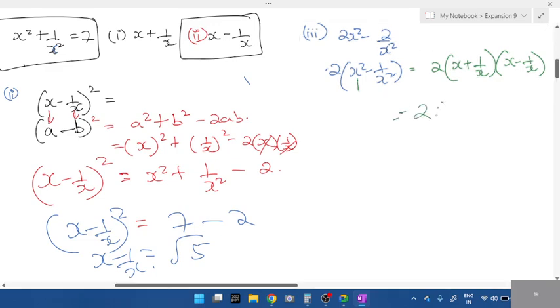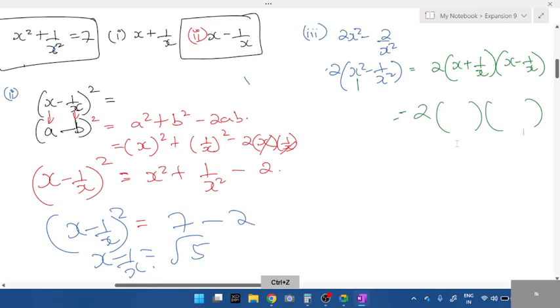Now tell me what is the x plus 1 by x value? Could you solve? And if you cancel all this, you'll get only 2. If you write it like this, you'll get 0 again.